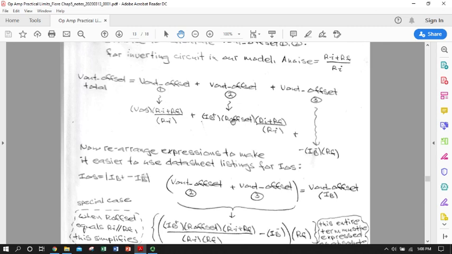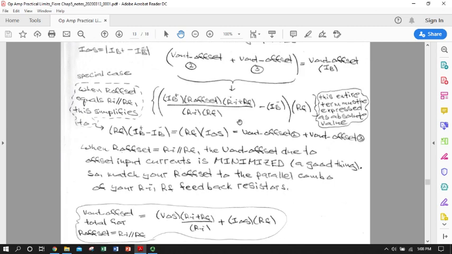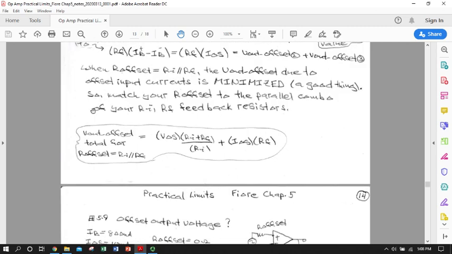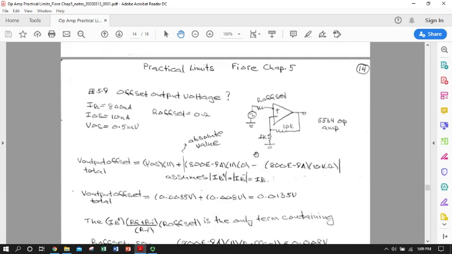And that would be a case of, say, R offset was not ideal or was 0. Or we'll use this expression for cases in which we've set our R offset to be ideal, and then this term here will always be smaller than the combined terms of just your IB plus and minus.